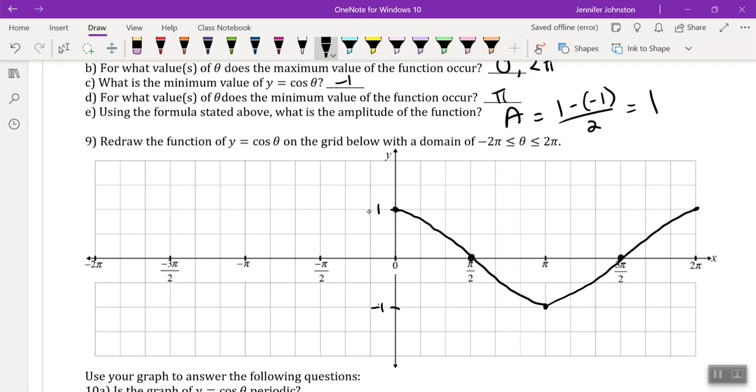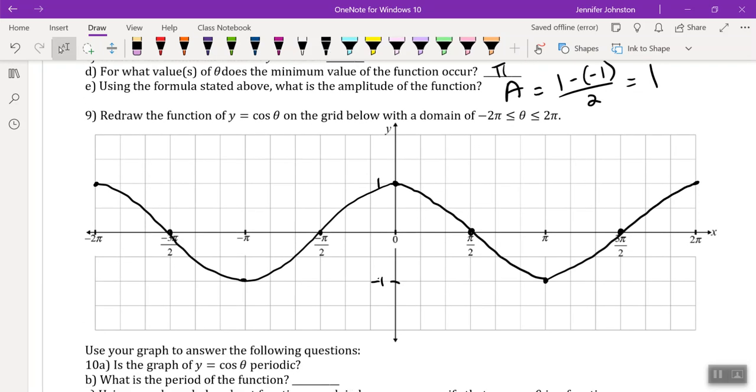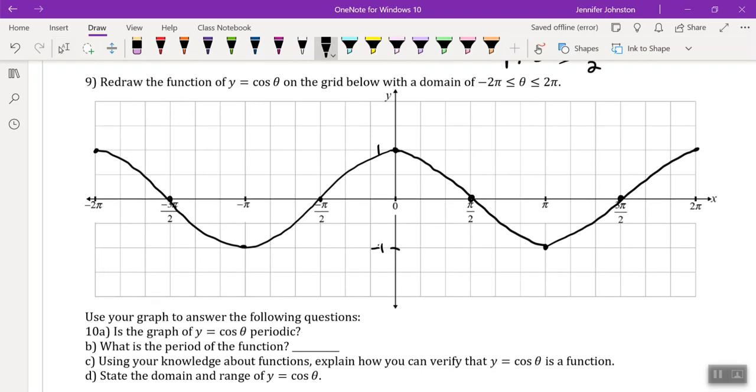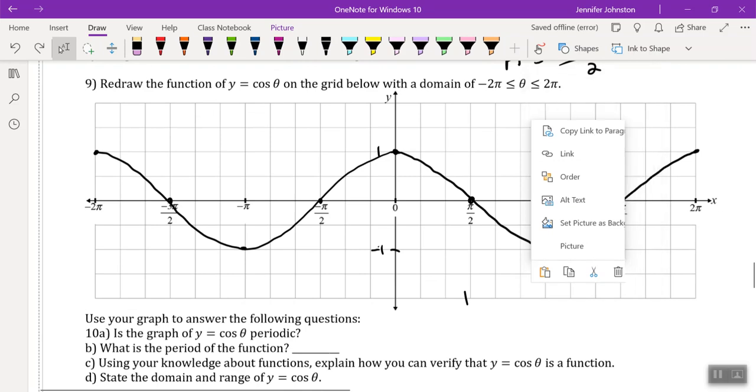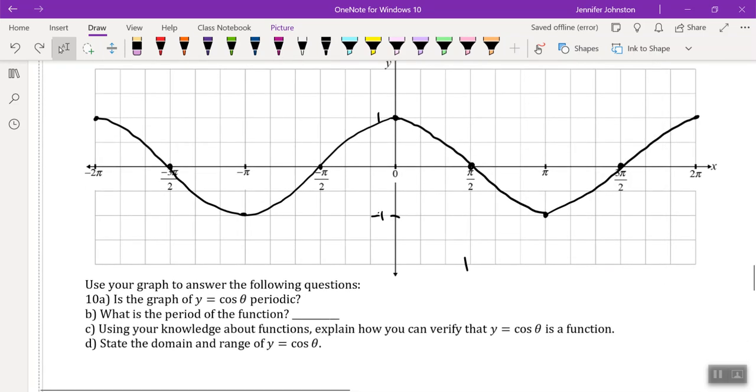There we go. We're going to go the opposite direction. So it looks like a sine function if you look at it right here, which it is. Cos and sine are very similar. They're just phase shifts of each other. The domain here, it's just saying the domain is between -2 pi and 2 pi. That's fine. All right, perfect.